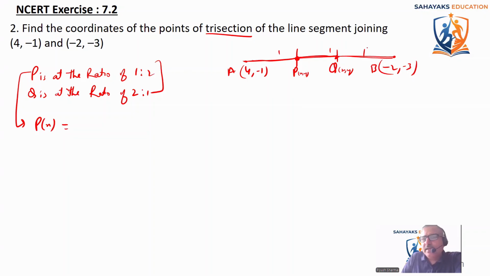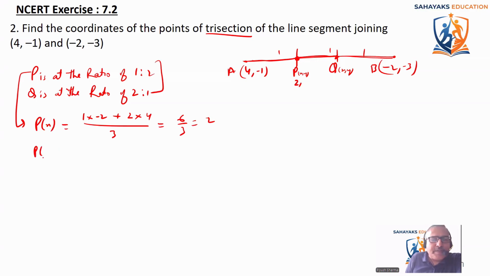So I'll just say 1 into minus 2 plus 2 into 4 divided by 1 plus 2, which is 3. So 2 into 4 is 8. 8 minus 2 is 6. 6 divided by 3 is 2. So the value of x comes out to be 2, comma.